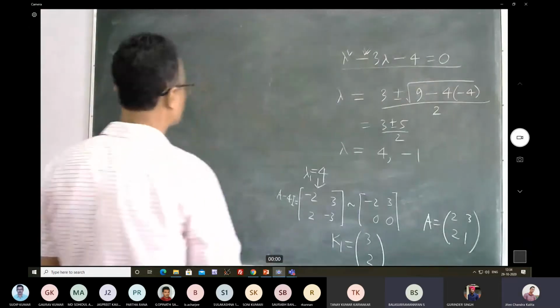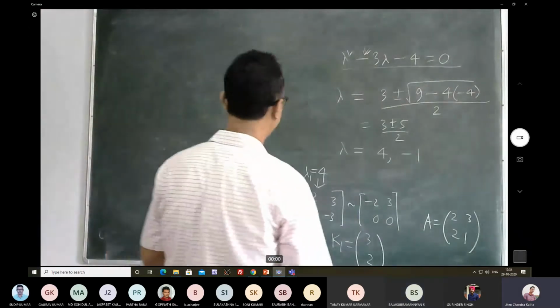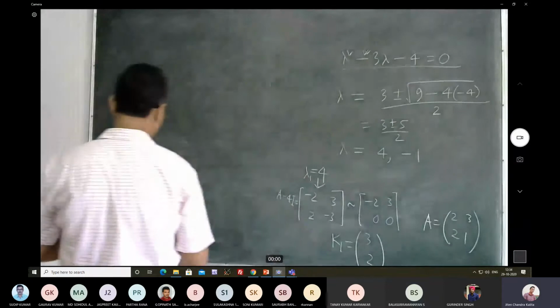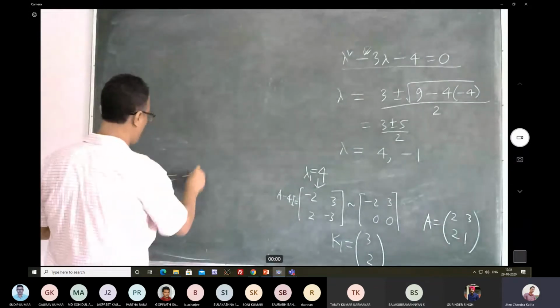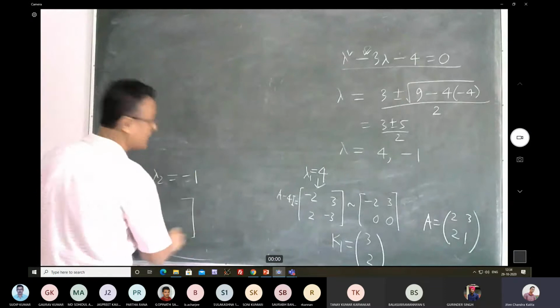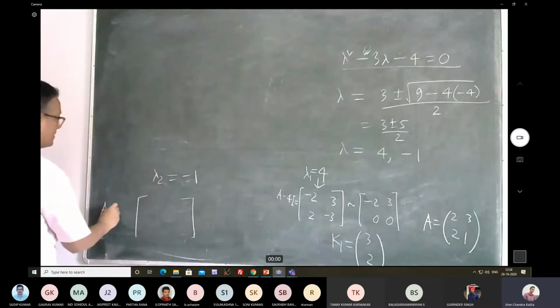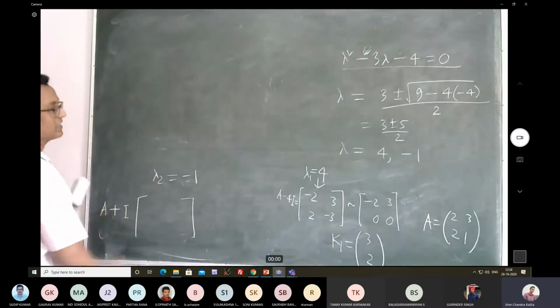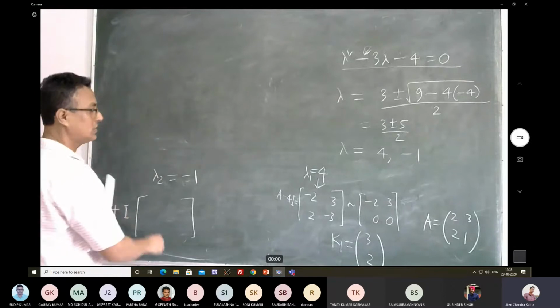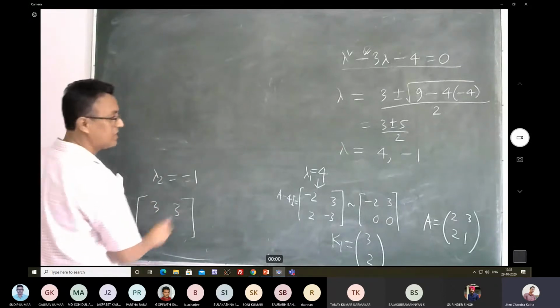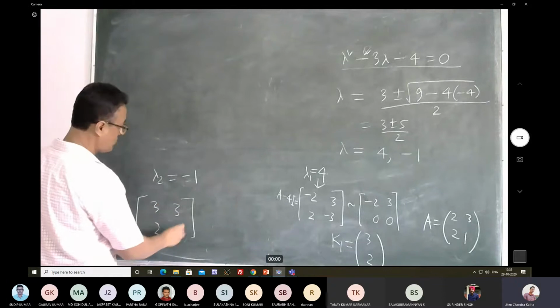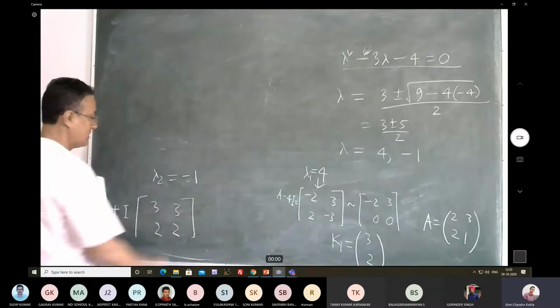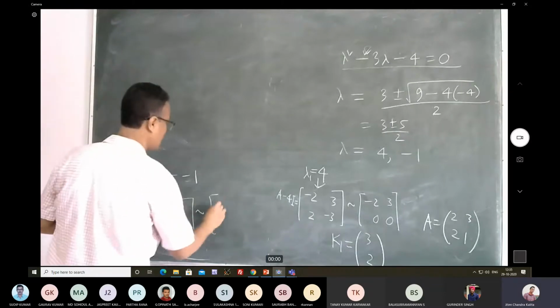Yes, sir. So similarly, lambda 2 equal to minus 1. Then what am I going to get? A plus sign, right? So 2 plus 1, that is 3, 3, then 2, 2.